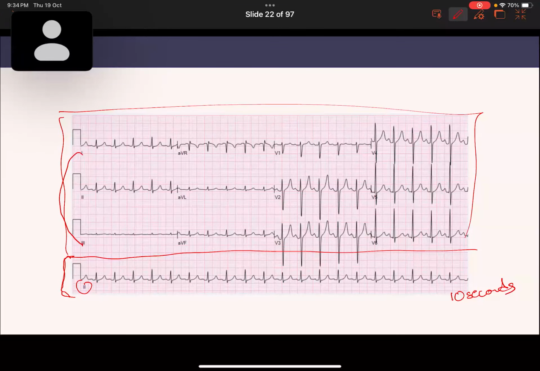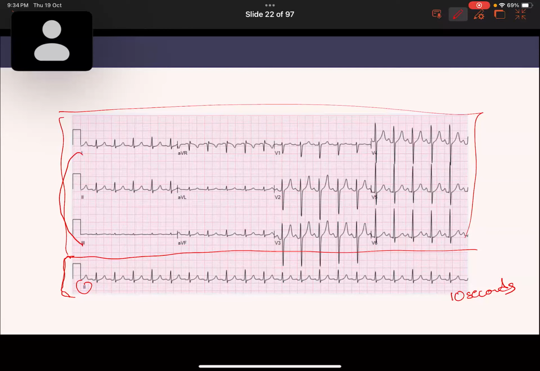Like, can you determine the rate of this? You can use any method, either the box method or the R waves method. Take your time. So it's almost 120.